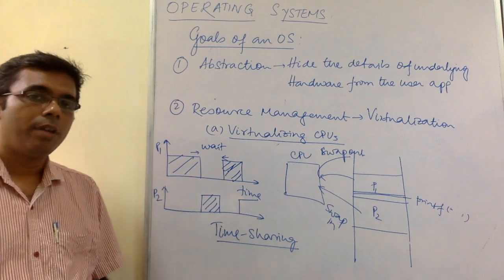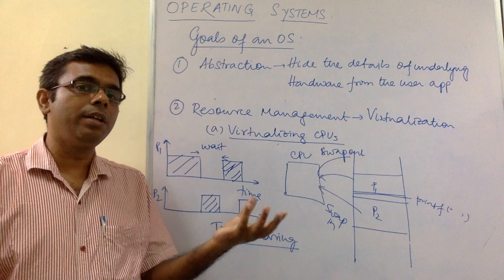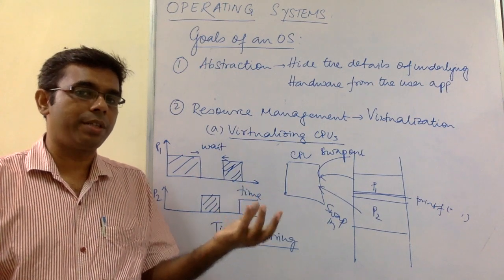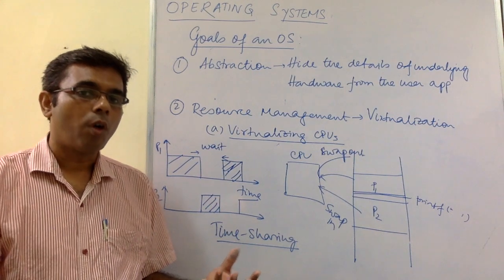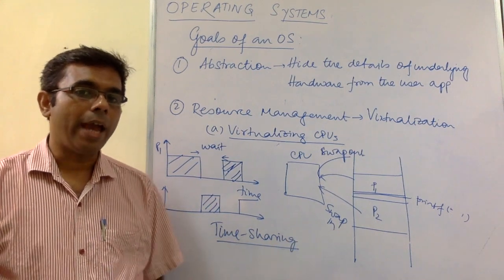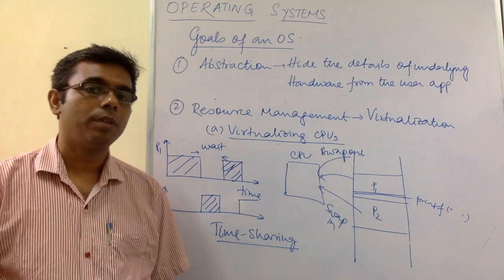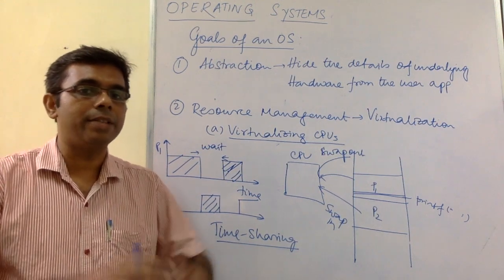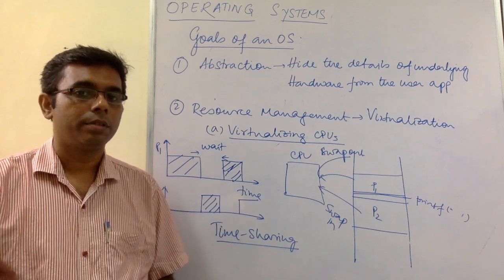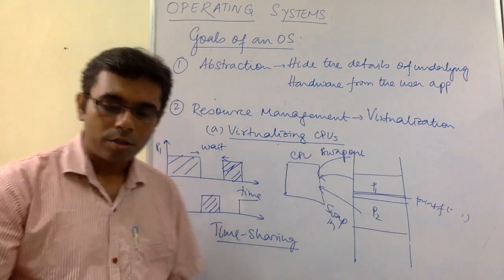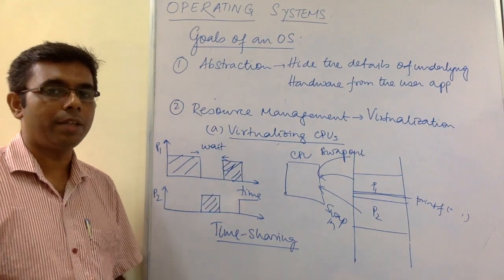It feels as if the OS has taken that single CPU, let's say the computer system has a single CPU, and as if it creates a virtual view of two CPUs and provides them to each one of the two processes or the programs. So the program believes that the entire CPU was with me and I was running on that only. So that's how we can say an OS makes these programs believe that they're using the entire CPU.